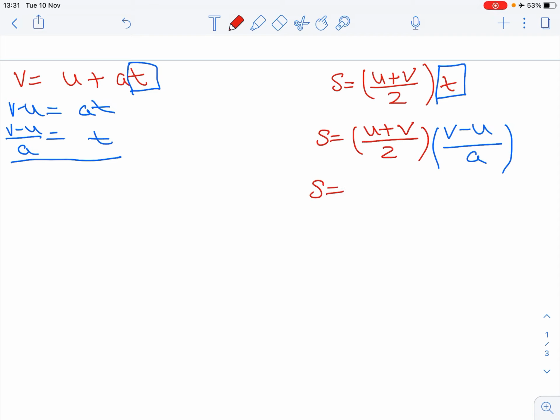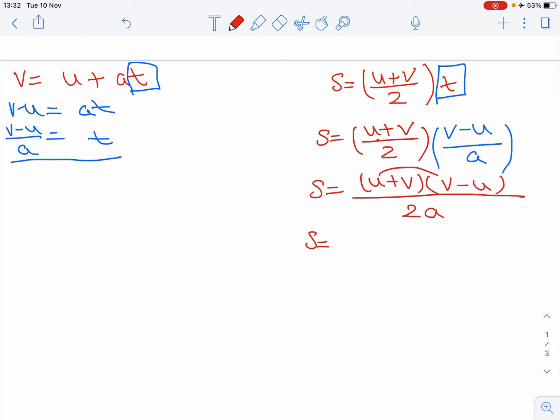So s equals, remember we're multiplying fractions, so we multiply top by top and bottom by bottom. So this means we have u plus v multiplied by v minus u over 2a. Numerator multiplied by numerator, denominator multiplied by denominator. So now we're going to expand the bracket and simplify.